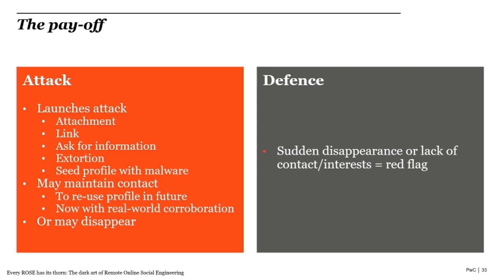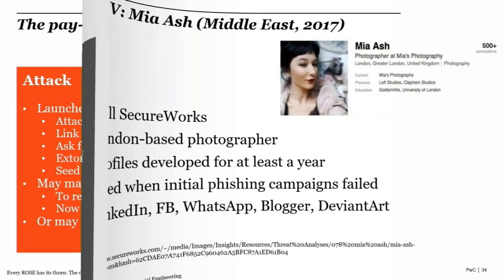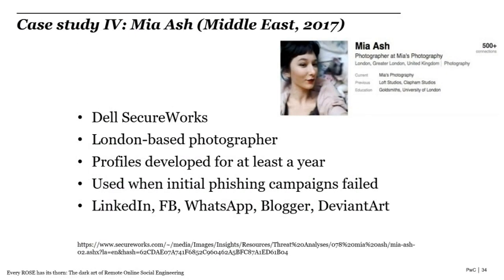The intended target may not take that trust violation seriously because of the trust that's been built up over that period of time. Or the attacker's profile might just disappear. It might be completely burned and just drop off, in which case that would be a big red flag for defenders. So I'm going to run through a couple of case studies of Rose attacks seen in the wild.